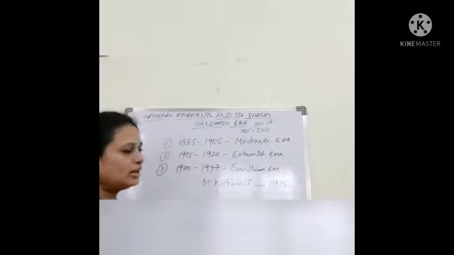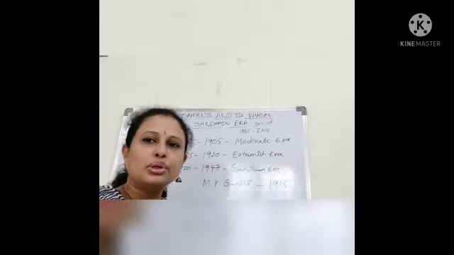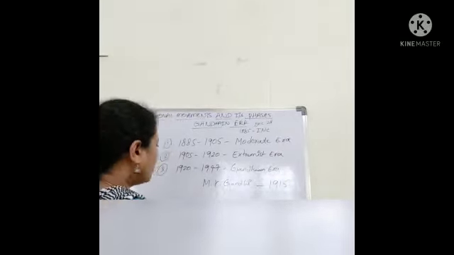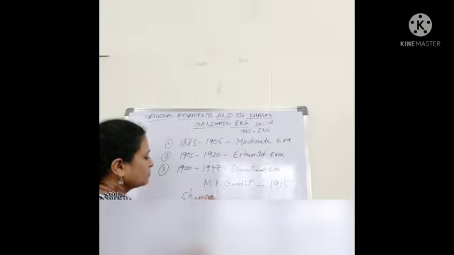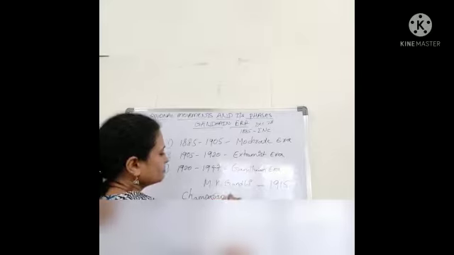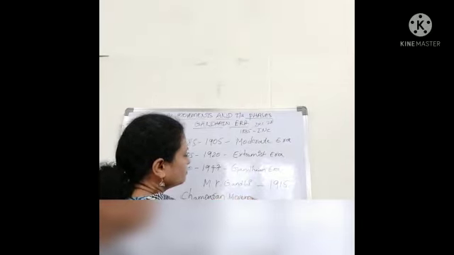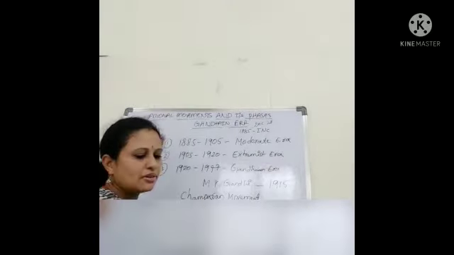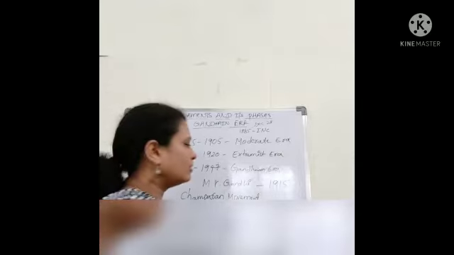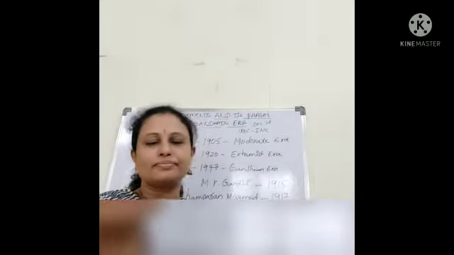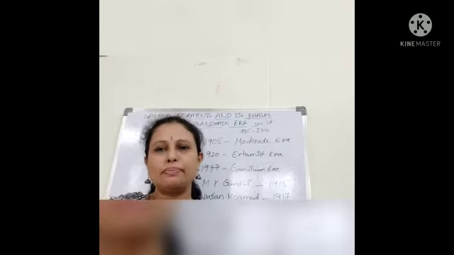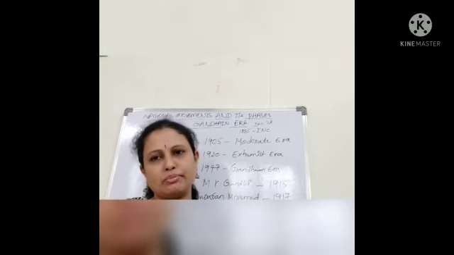The first movement that Gandhi took up in India is the Champaran movement. This is the first movement which he carried out in India, in the year 1917. And where was the place where it was taken up?